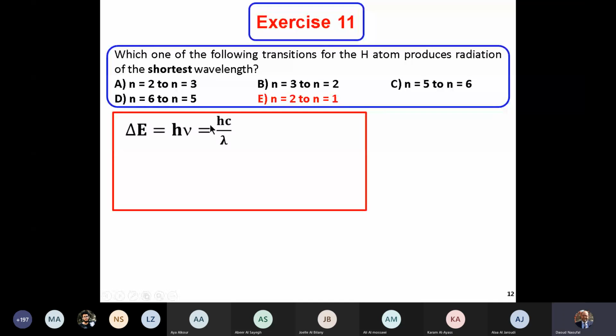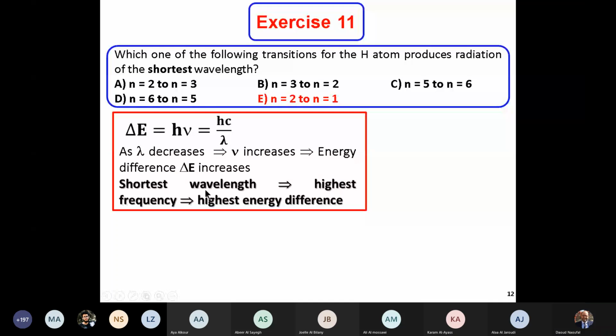The shortest lambda means the highest frequency and the highest difference of energy. So as lambda decreases, nu increases, and the energy difference increases.